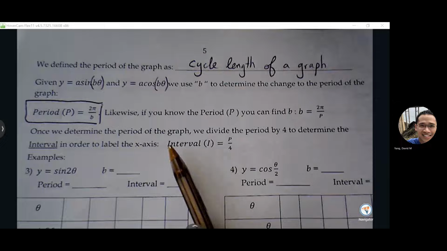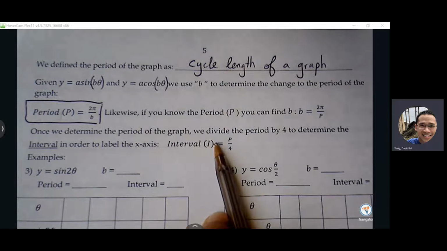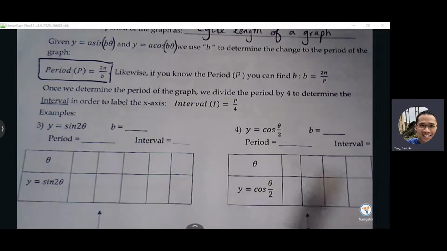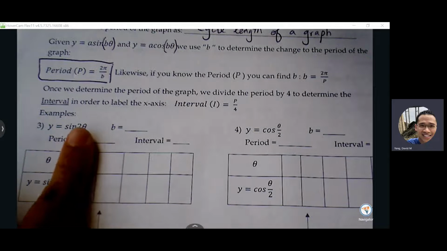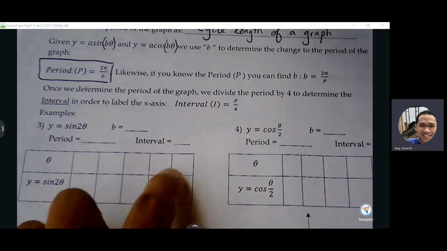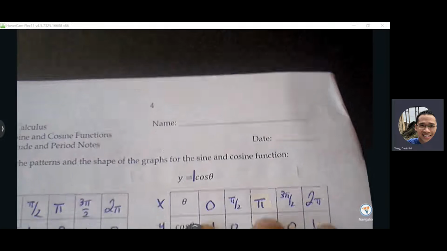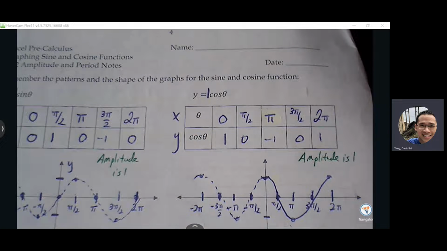Now, once we determine the period, we always divide the period by 4 because we have intervals of 4. So if we discount the first term here, we have 4 intervals, so we want to be able to spread out our interval. Our interval is not always going to be pi over 2.